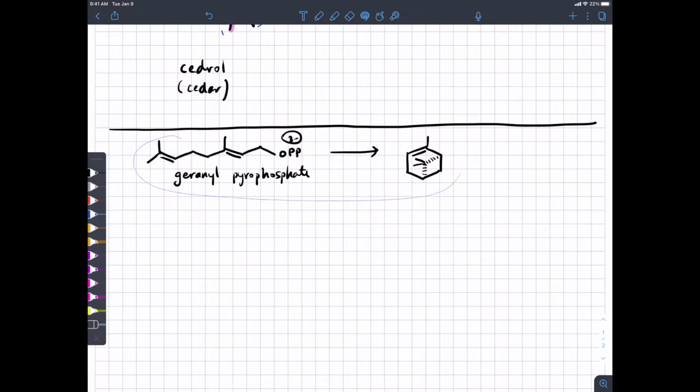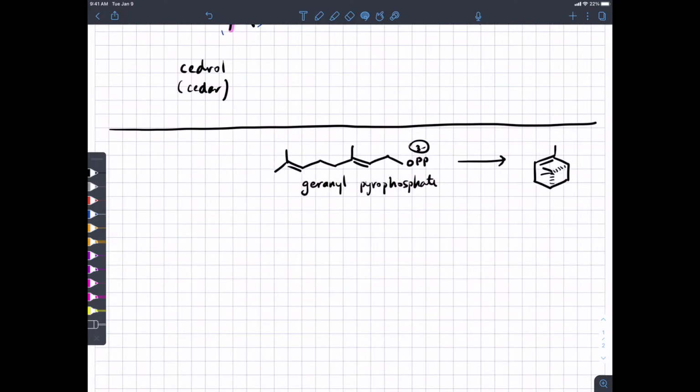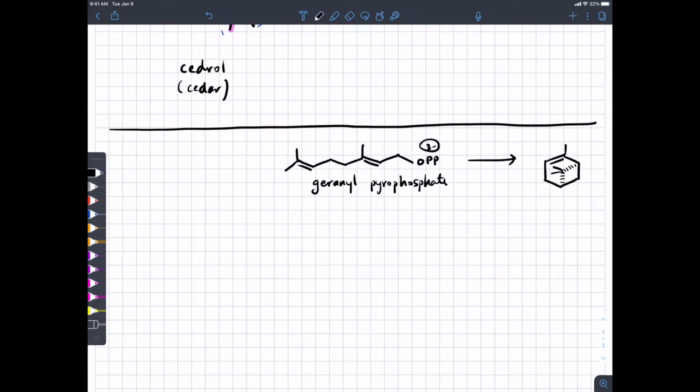What we're doing today is going to help us explain how we, humans, synthesize cholesterol. And we do it from these same starting materials. So instead of starting with geranyl pyrophosphate, I'm going to introduce the two biosynthetic subunits that are used in terpene synthesis in biology. This one is called dimethylallyl pyrophosphate.